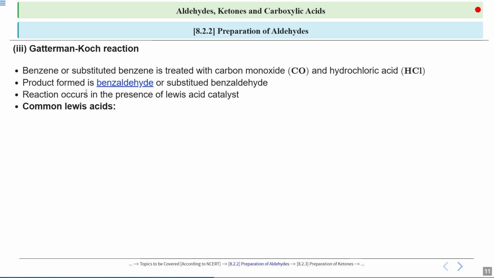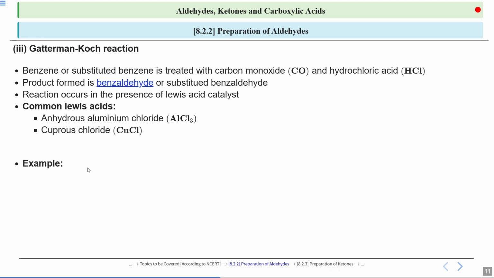Let us see what common Lewis acids we can use in the Gattermann-Koch reaction. The first one is anhydrous aluminum chloride, AlCl3. Being Lewis acids, these compounds facilitate the reaction by accepting electron pairs; being electron deficient, they accept electron pairs. Another Lewis acid you can use is cuprous chloride, CuCl.